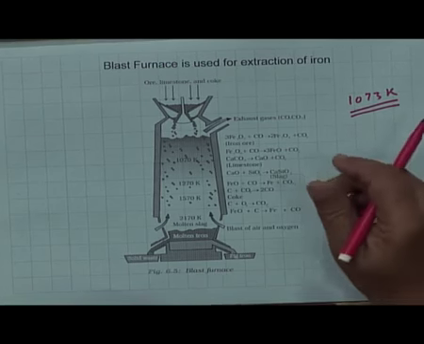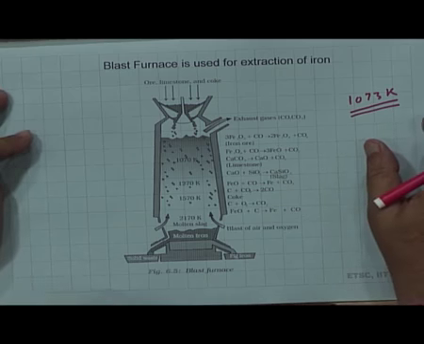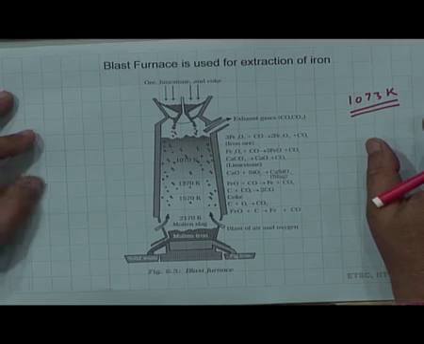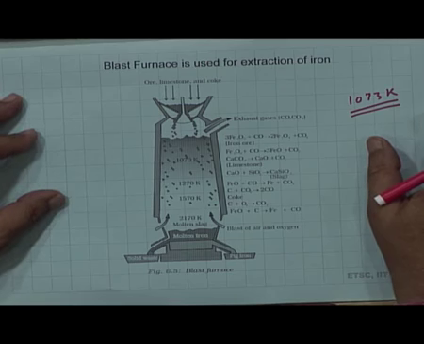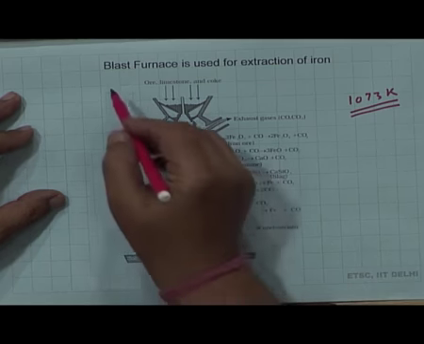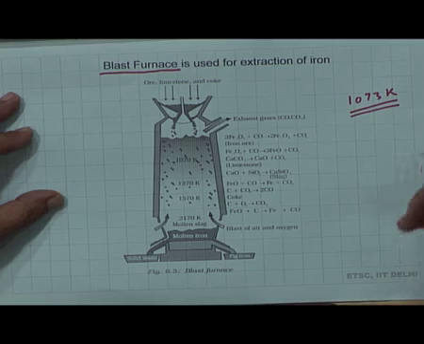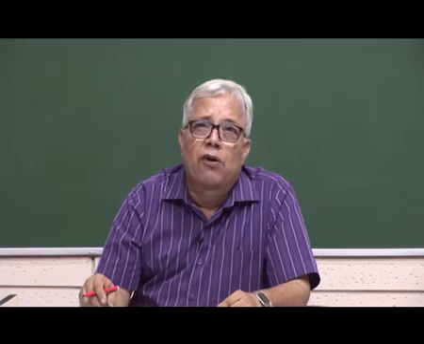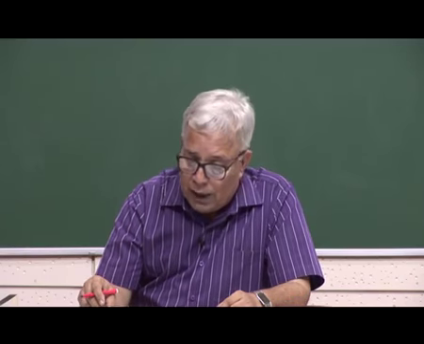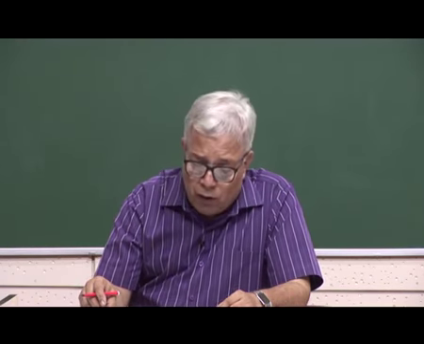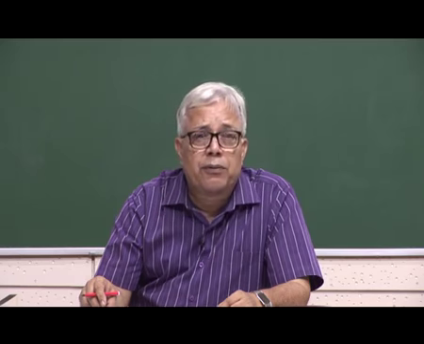So, you cannot have it in a normal apparatus, you require a very specific apparatus for this purpose, and this specific apparatus is called blast furnace, because anything which has high temperature we call it a furnace or oven. So, this is also having a high temperature, we call it a blast furnace.